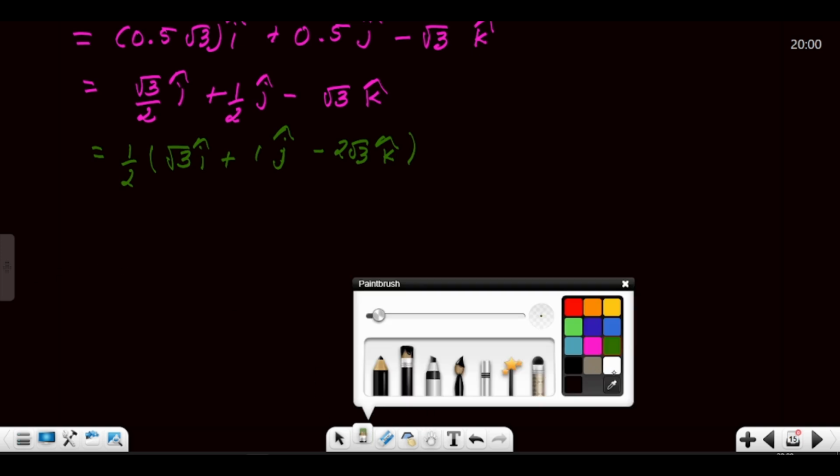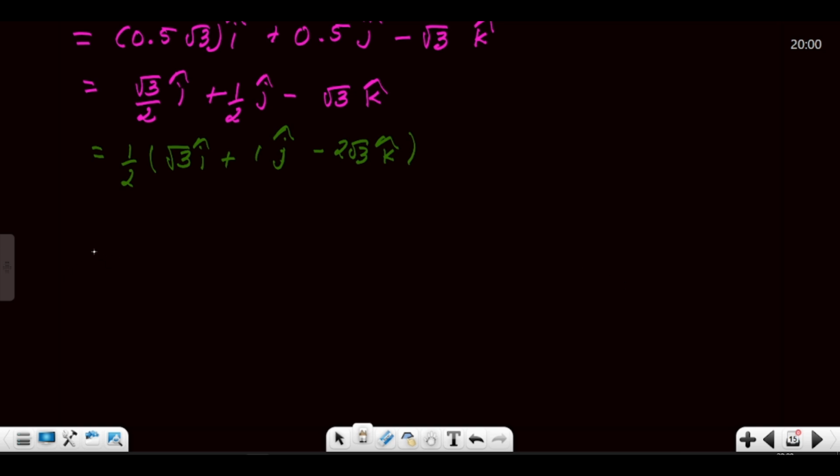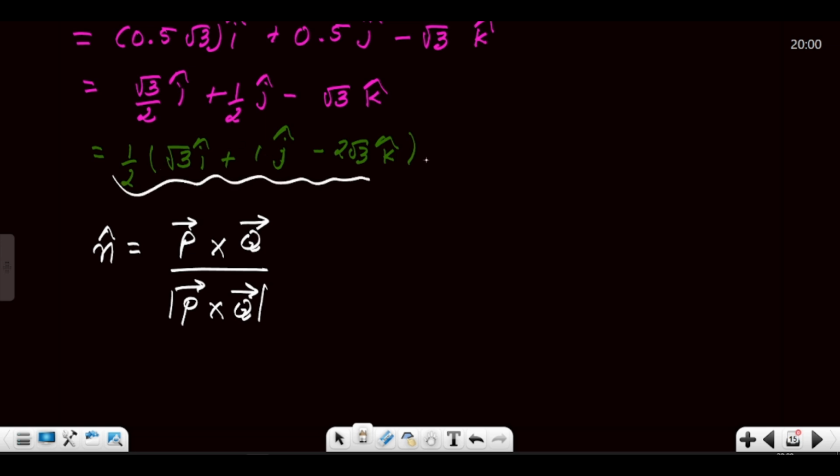For the unit vector we can write n cap equals vector p cross vector q divided by the magnitude of vector p cross q. I have vector p cross q, but one more thing I need is the magnitude of vector p cross q. This thing is also needed.